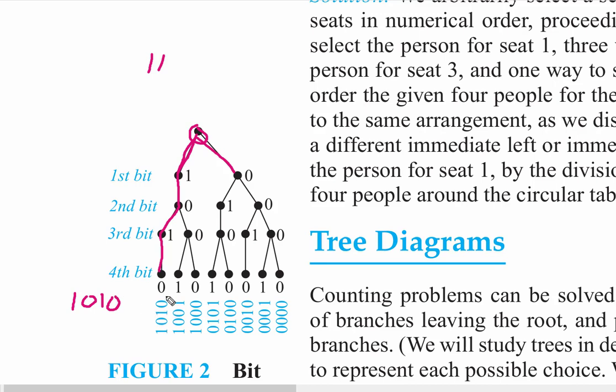Okay, that's this guy. No 2 consecutive 1s here, so that's a good bit string. And here are the other possibilities. Going this way, it's all 0s. That's fine.